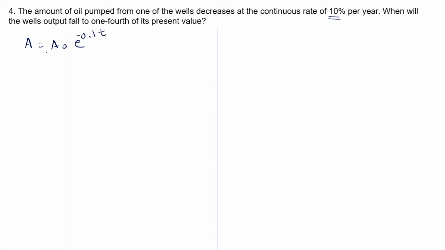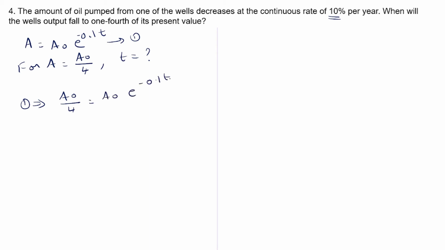Now we need to know the time in which the output will fall to 1/4 of its present value. For A equal to A0 by 4, we need to find the time. So from the given equation, we have A0 by 4 is equal to A0 into e raised to minus 0.1 t.